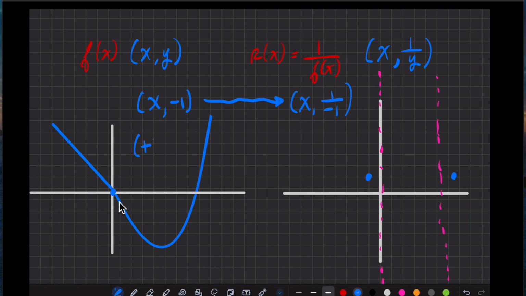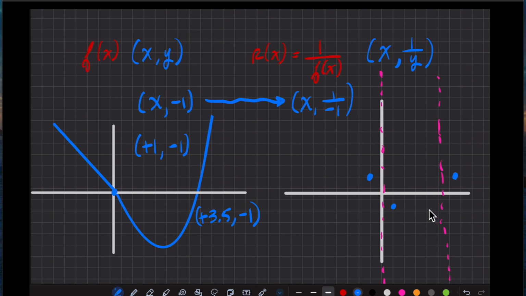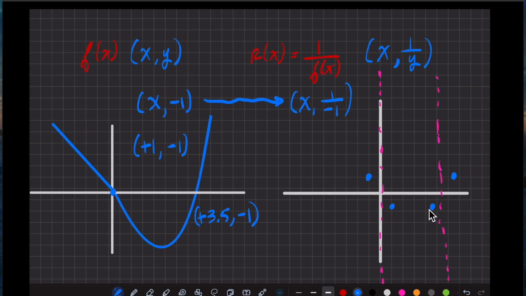So that's going to be x equals 1, y equals -1. And we have a second point right here. I'm going to call that x equals +3.5, y equals -1. Folks, we're going to put these 2 points over here. We're going to have (1, -1) about right here, and we're going to have (3.5, -1) about right there.